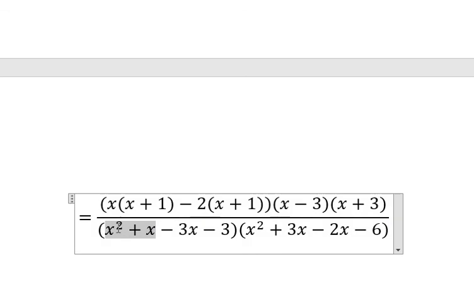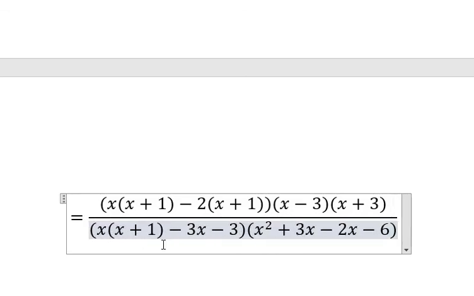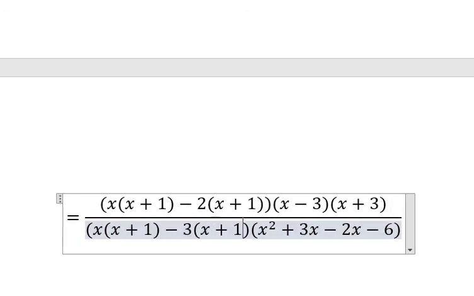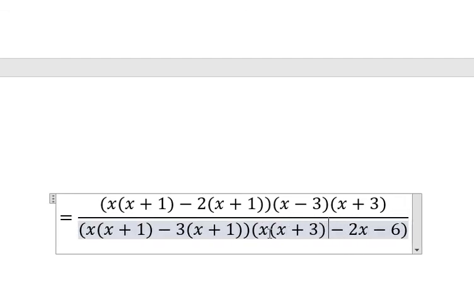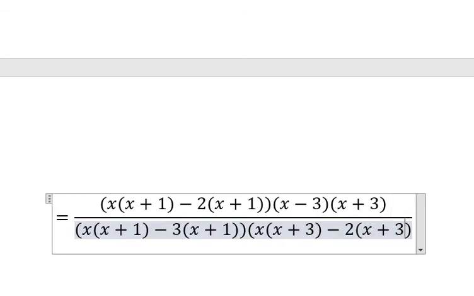Now we do another factorization. Negative 3, we can do another factorization. This one, we have factorization. Negative 2, negative 6, we can do another factorization.